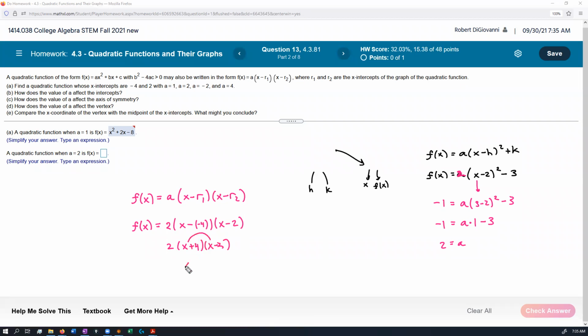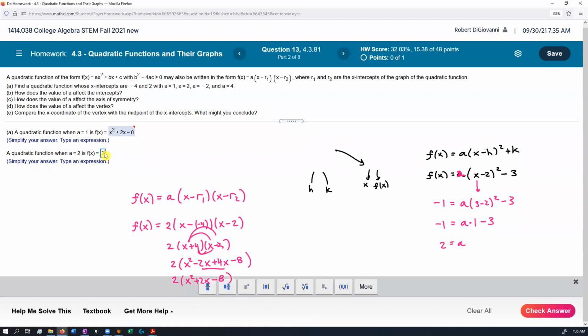So I FOIL this, that's x squared minus 2x plus 4x minus 8. But then I have a 2 in front. So 2 times x squared plus 2x, combining those together, minus 8. Distribute that 2 through, and you should get 2x squared plus 4x minus 16. So all I did was distribute that 2.